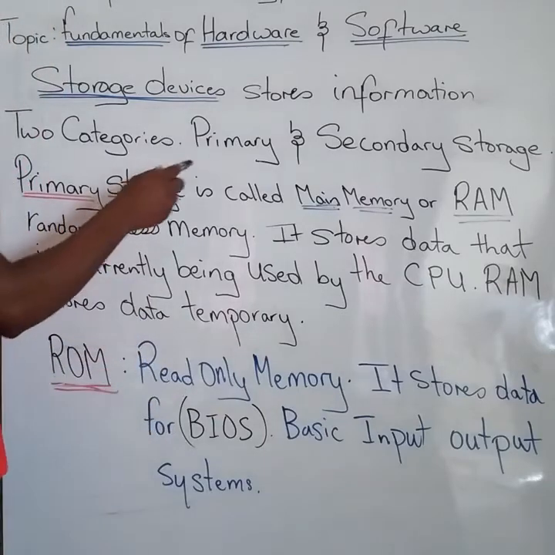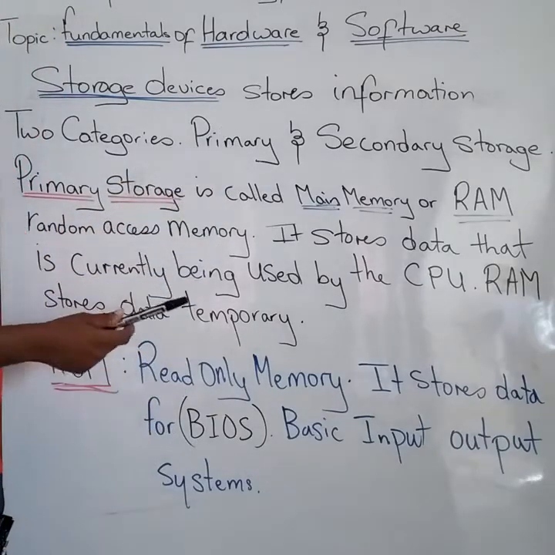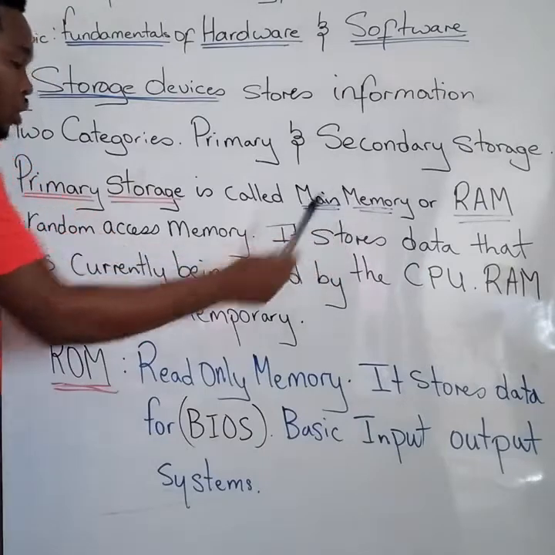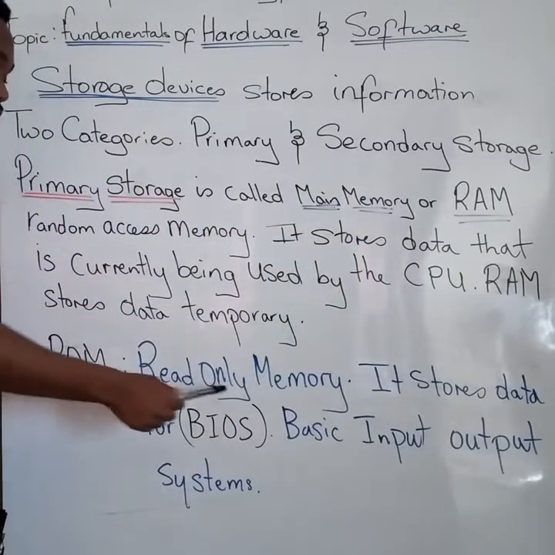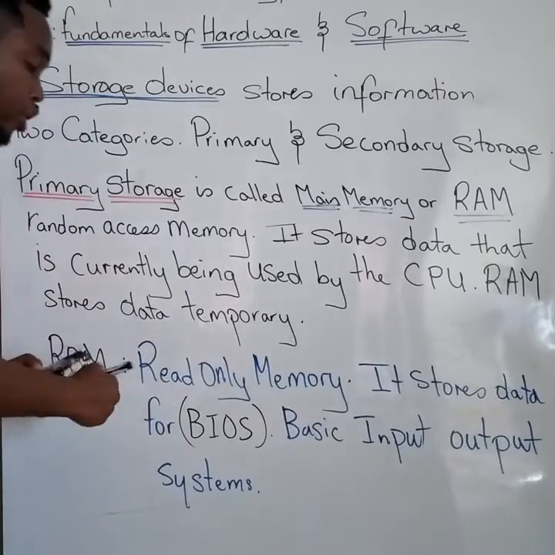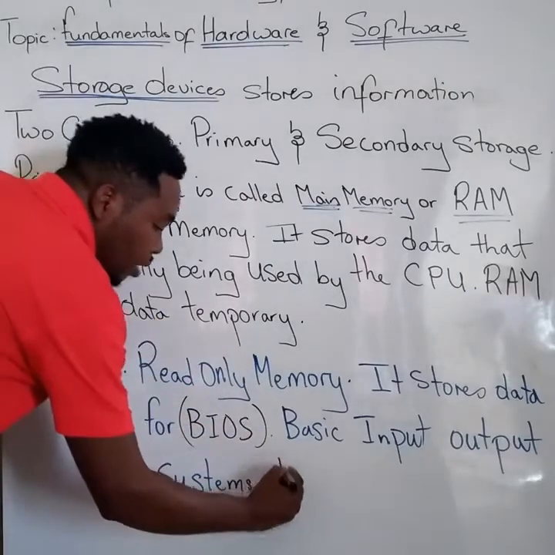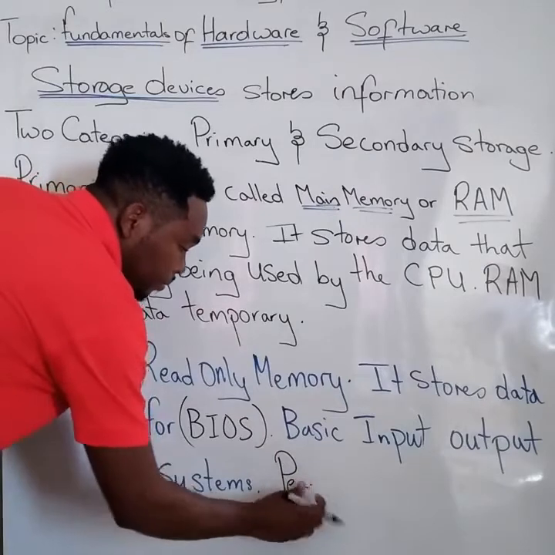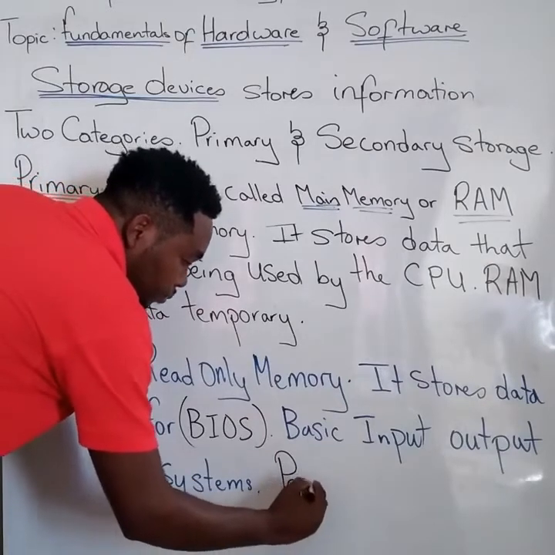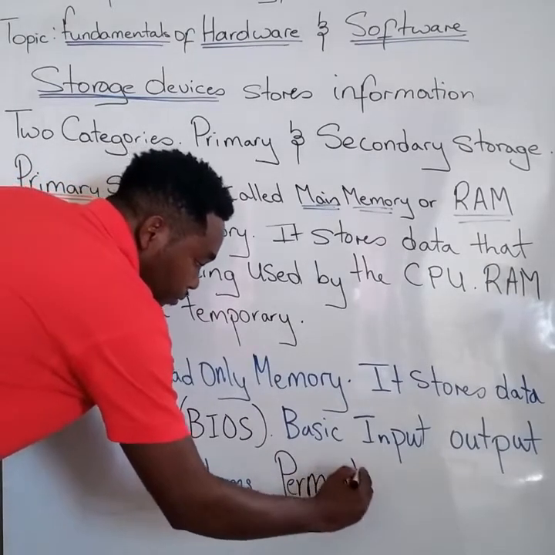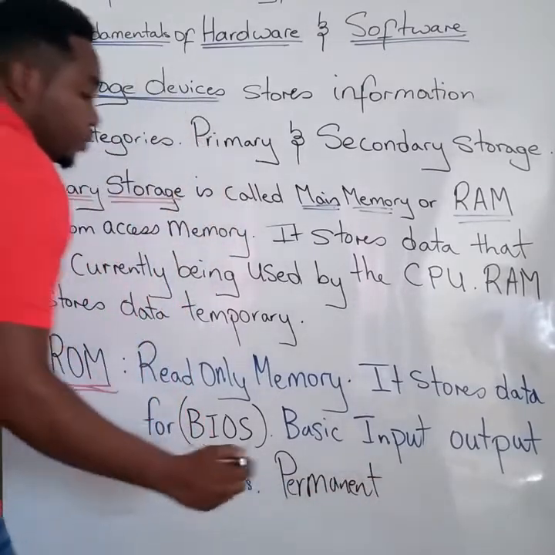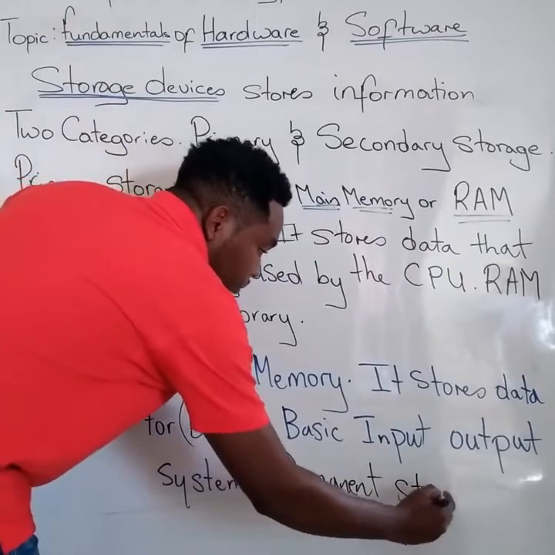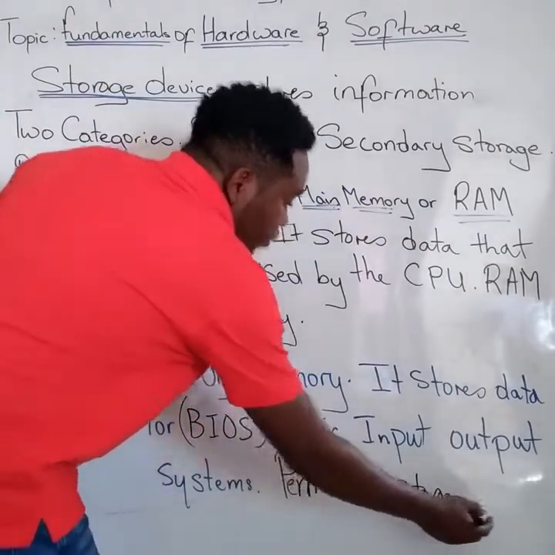So we look at primary storage as being your main memory, otherwise called RAM, and read-only memory. The read-only memory would now be classified as permanent storage.